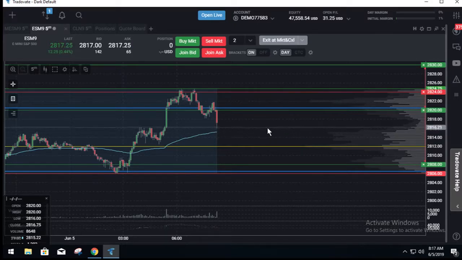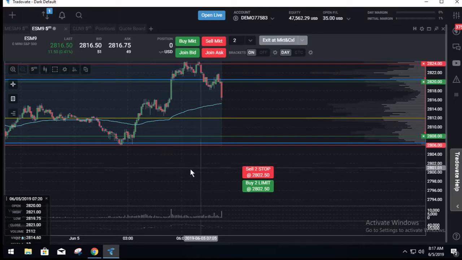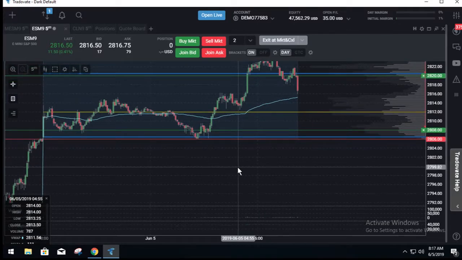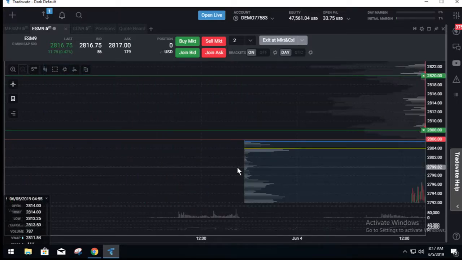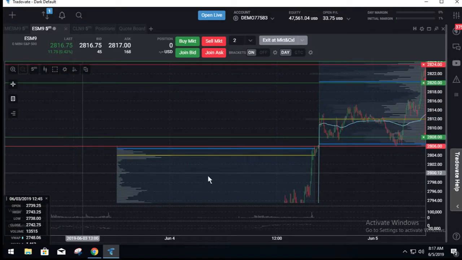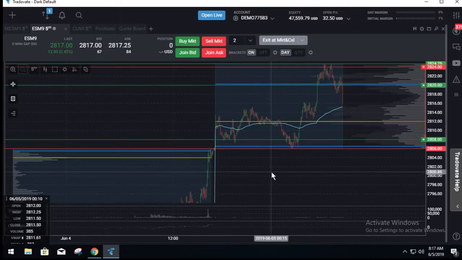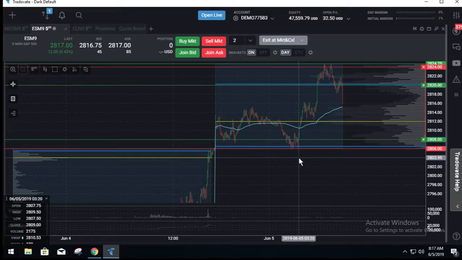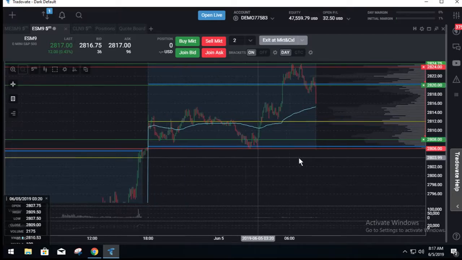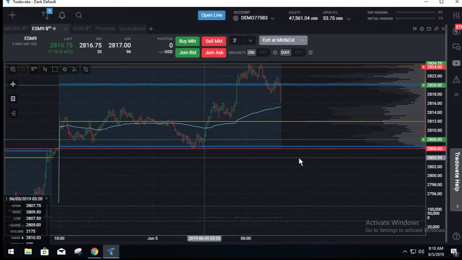We have nothing outstanding, so what we do is wait till market open. So you're looking at your buys. You're looking at a single buy on settlement POC area. So you're looking for this 2804 as your advantageous entry.